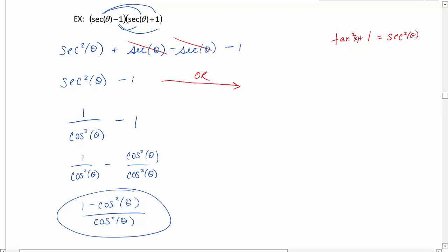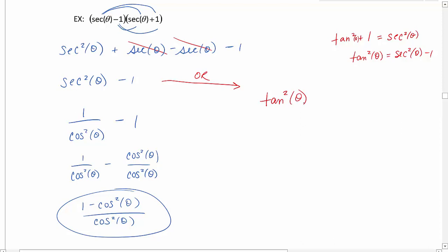So if I subtract 1 from both sides, I get that tangent squared is equal to secant squared minus 1. So when we see that secant squared minus 1, we could just replace it with tangent squared. So our other option would be from that point to go to tangent squared theta.